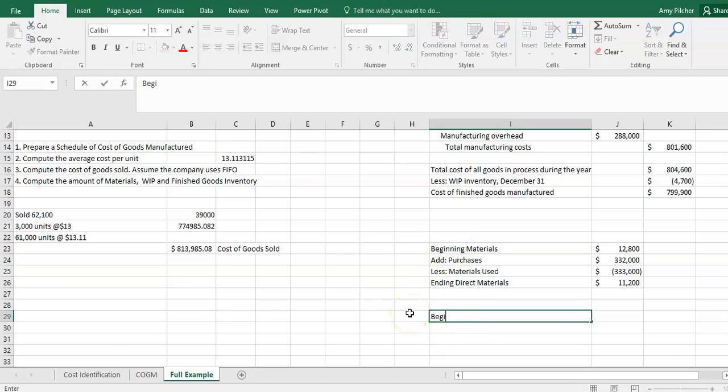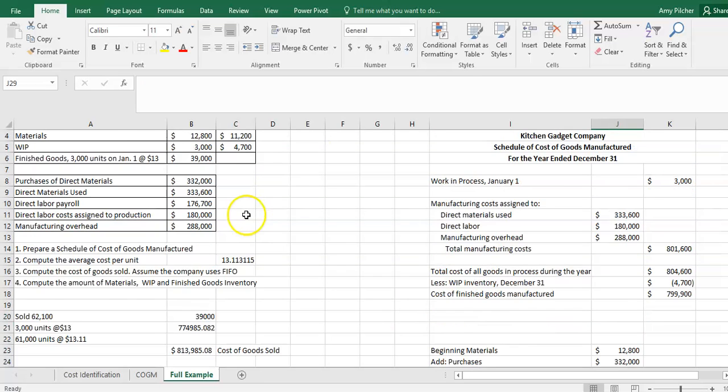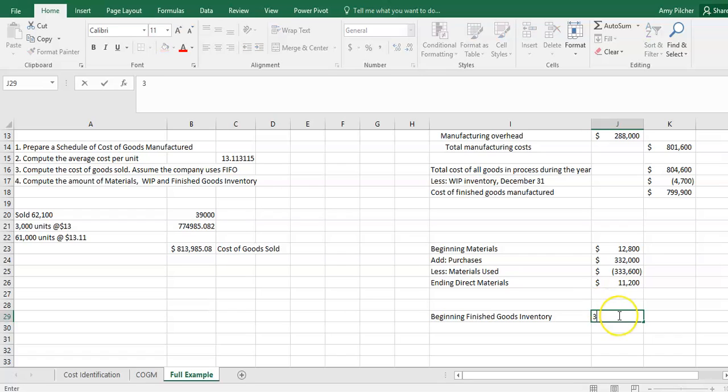To determine our ending finished goods, we do a very similar thing. We start with our beginning finished goods inventory, which is $39,000. We add the amount manufactured, or cost of goods manufactured. So we have our cost of finished goods manufactured here, $799,900. We subtract cost of goods sold.